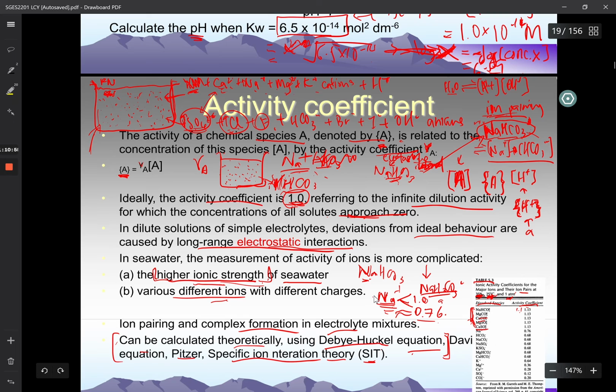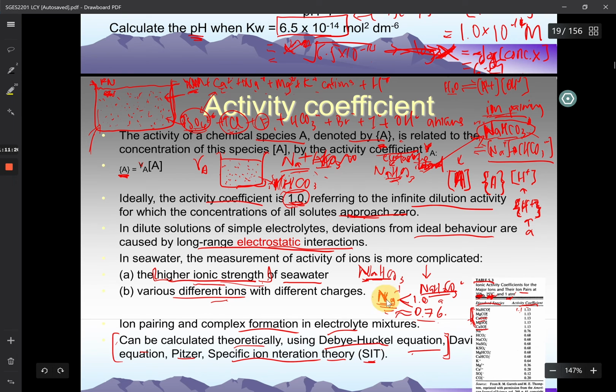We don't just measure the concentration, but we measure the exact ions, the freely available ion, for example sodium. We don't measure sodium bicarbonate in instruments.